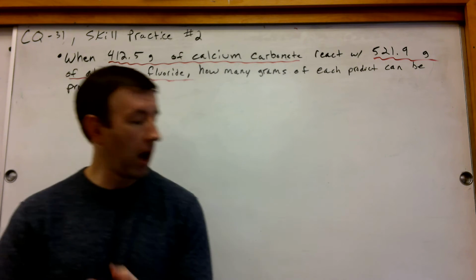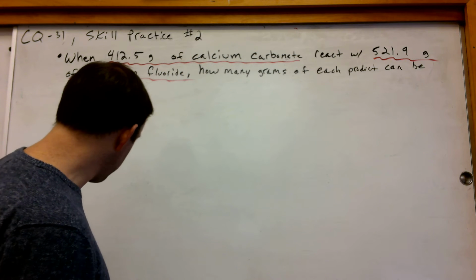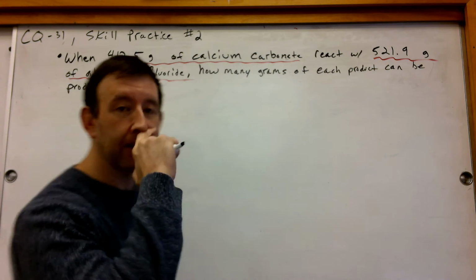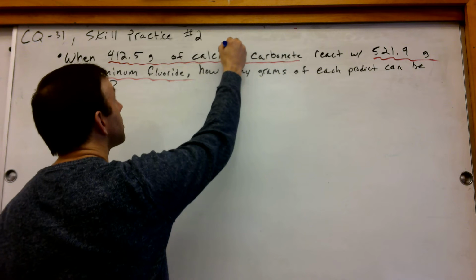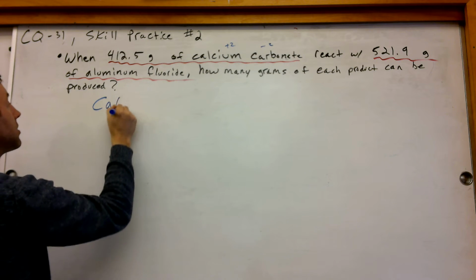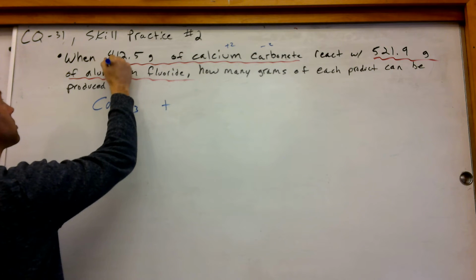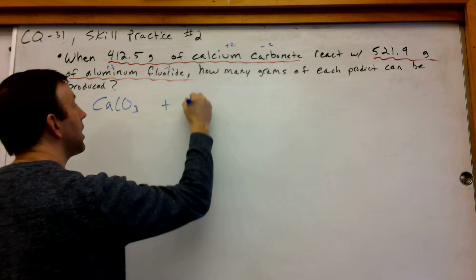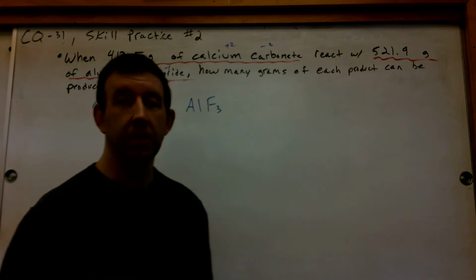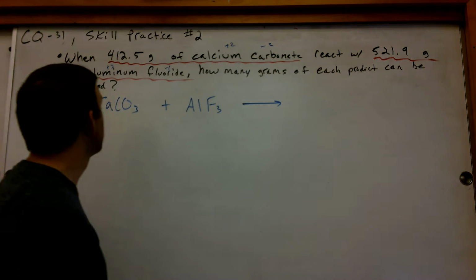Okay, so step 1, like with all stoichiometry problems, we've got to make sure we have a balanced molecular equation. So let's go ahead and write that one down, right? So we're going to add calcium carbonate. So +2 -2, so we got CaCO3 plus aluminum fluoride, which is +3 -1, so this is AlF3, right? This is the part you guys should know how to do by now. And that is going to yield, right?